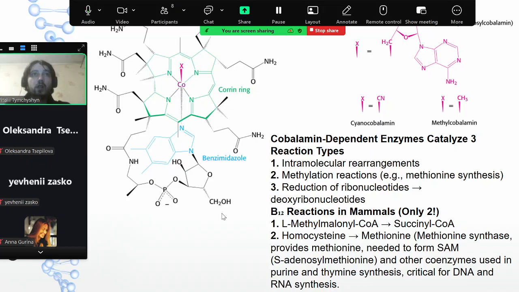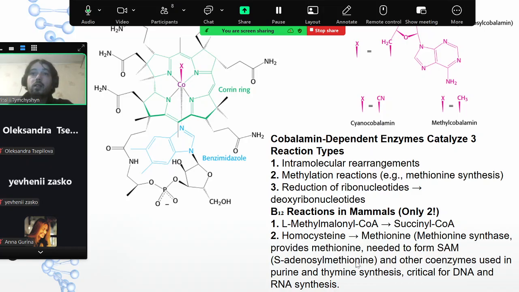It's pretty useful, let's say, because we have a few reactions of intramolecular rearrangement, some methylation reactions, some reduction of ribonucleotides to deoxyribonucleotides. So you might guess we need that to create our DNA. And these B12 reactions in mammals, there are only two of them, like L-methylmalonyl-CoA to succinyl-CoA and homocysteine to methionine.